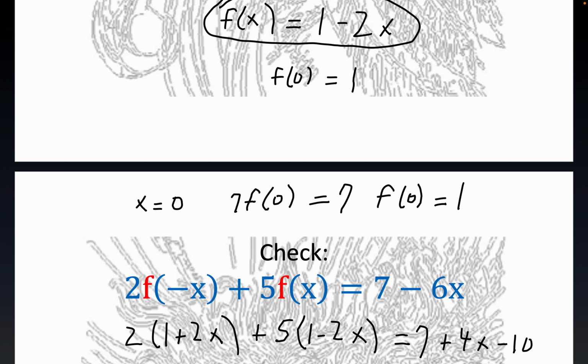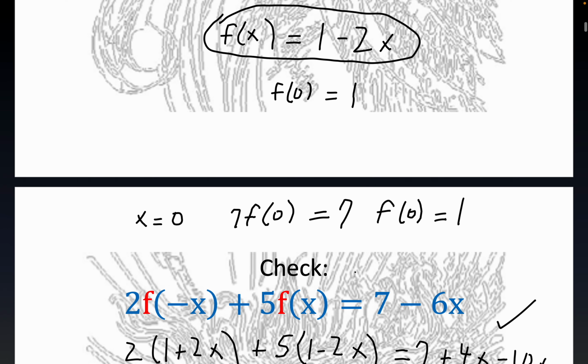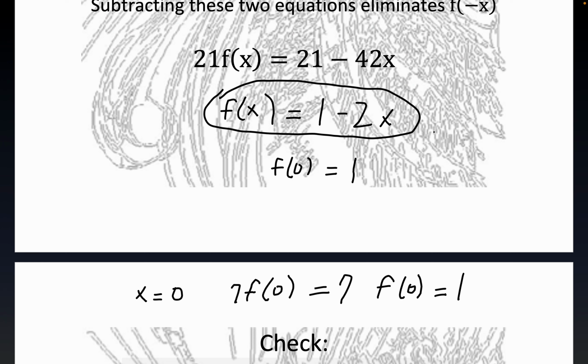But that is definitely equal to this, right? So it checks. All right, folks, so that's that. Fairly straightforward. The linear functional equations are really pretty easy. This is an ISI Indian entrance exam type question, I believe. Hope you enjoy.